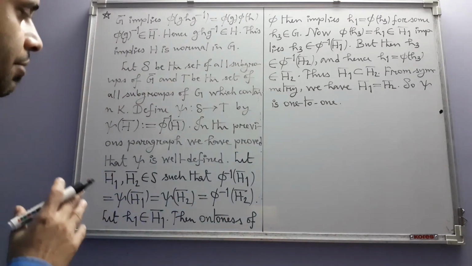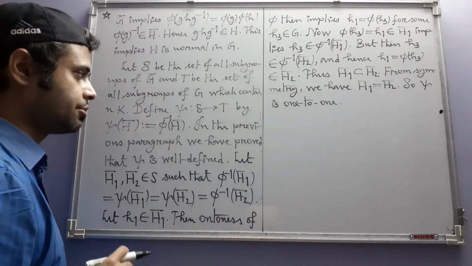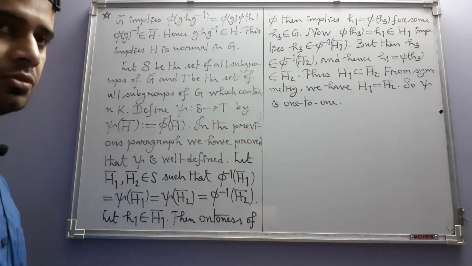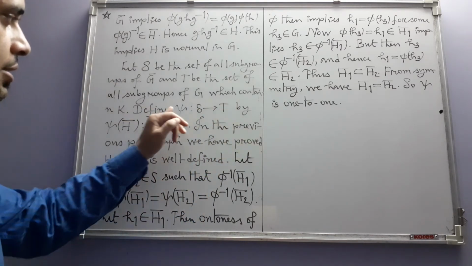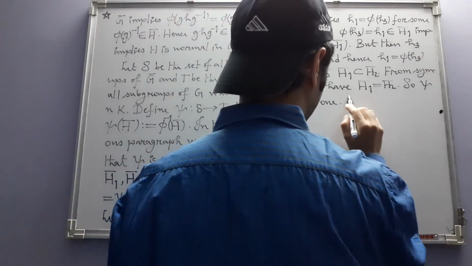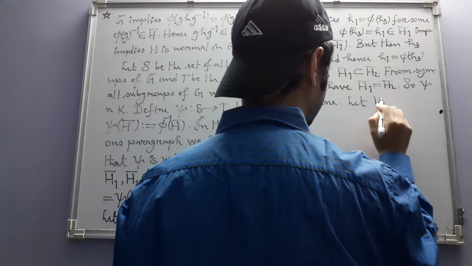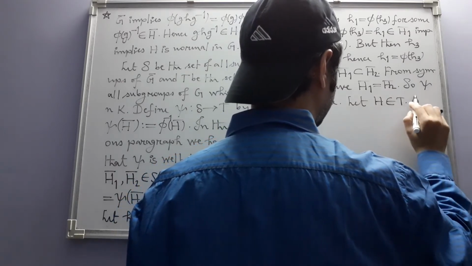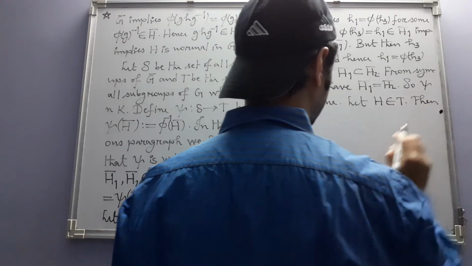Okay, now next we want to prove that psi is onto. For that we have to choose any element of T and show that it's the psi image of some element in S. So let H be any element in T. Then what does that mean?